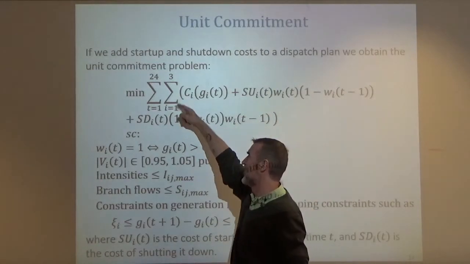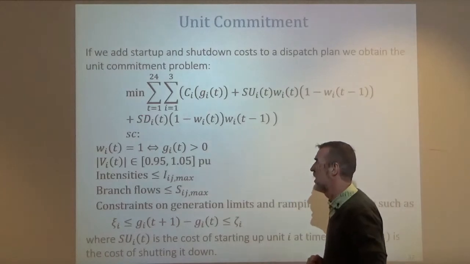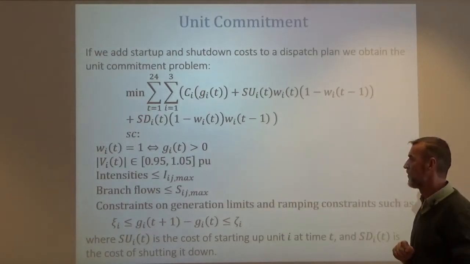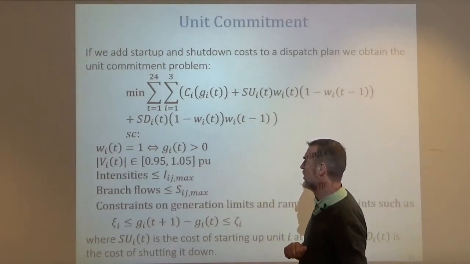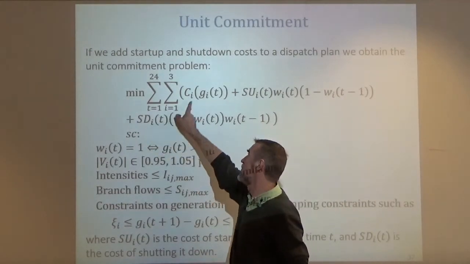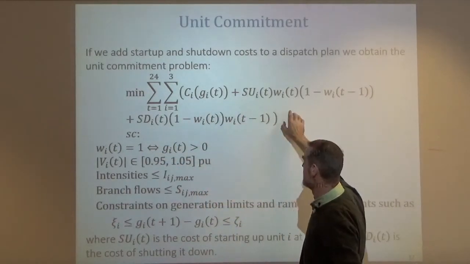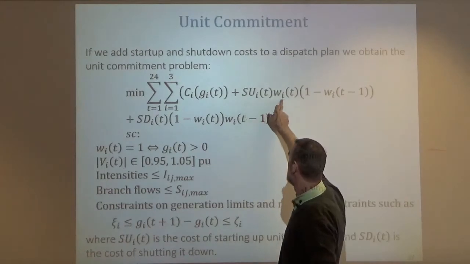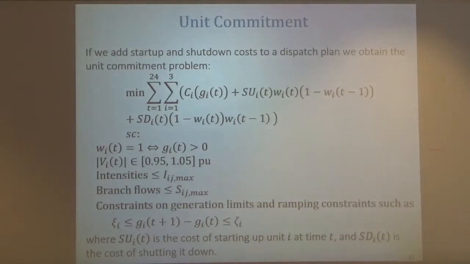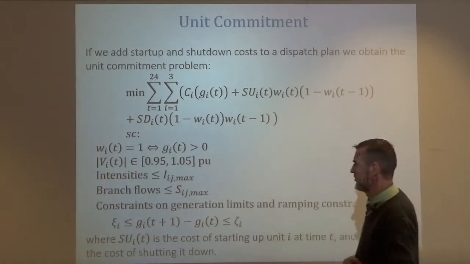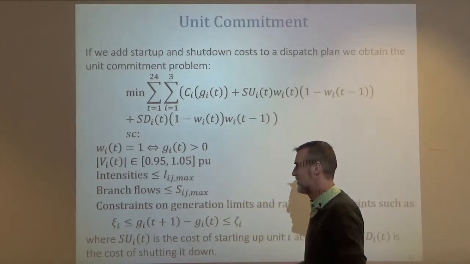So if I'm doing this over 24 periods of time, for example, over a full day, and one period of time is 1 hour, and if I assume I have ramp-up constraints on the generators plus startup or shutdown costs, then I will have a problem of this kind. It's the same as before, plus there are binary variables, Wi, that are 1 or 0, and that are 1 if and only if the power generation is positive.